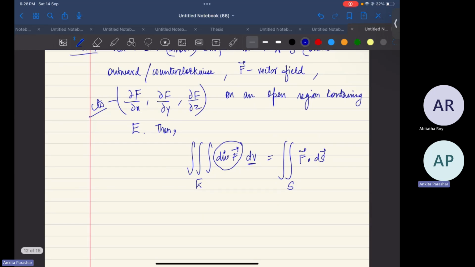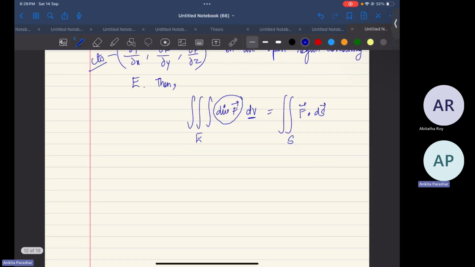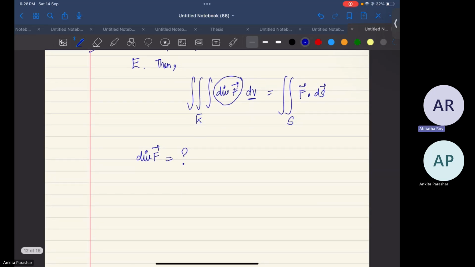Okay, so this is the meaning of the divergence theorem. Here, given F, how do you compute divergence F? Given a vector field, of course, the divergence cannot be a vector, because I do not know how to compute the integral over a vector. It should be a scalar function. Then only I know how to compute this.